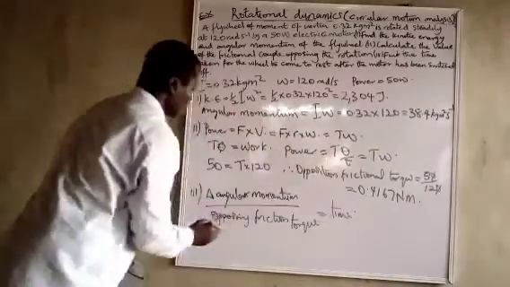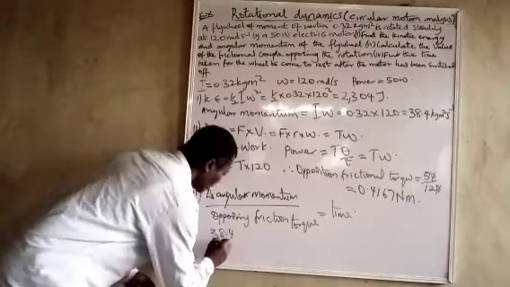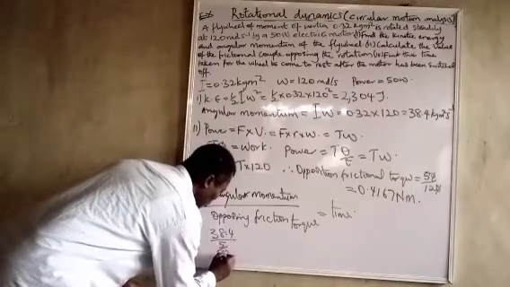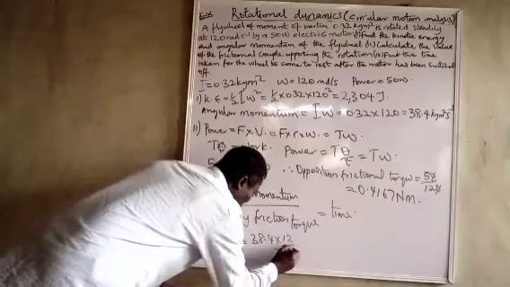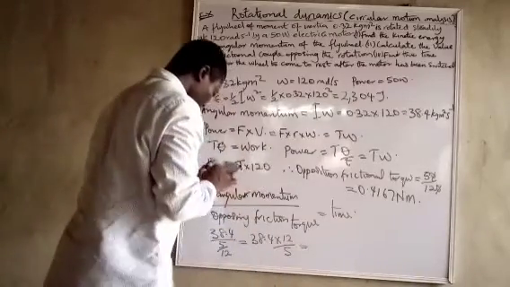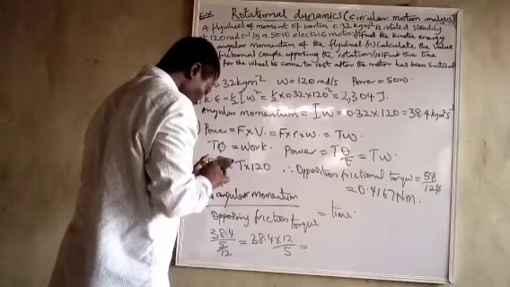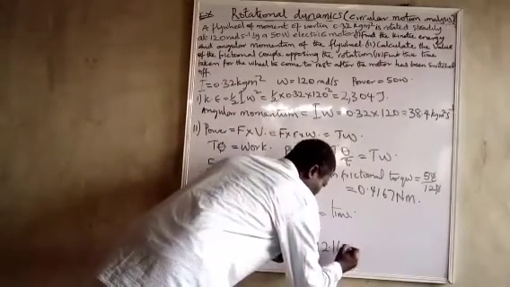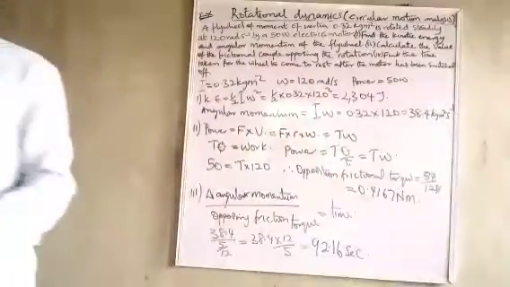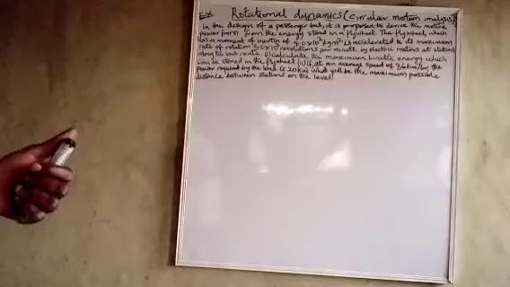So we can now say 38.4 divided by 5 over 12, which will be 38.4 times 12 over 5. That is 92.16 seconds. So it will require 92.16 seconds for it to come to rest.